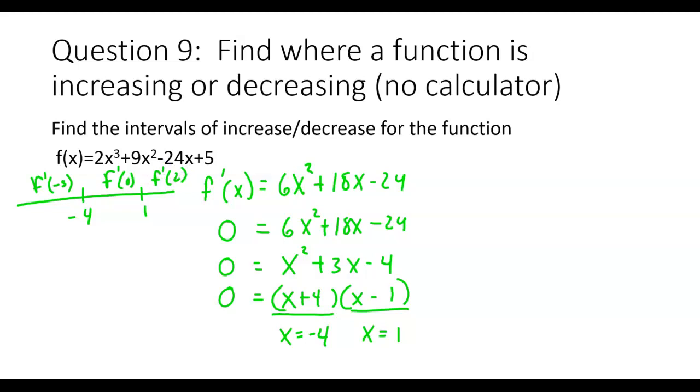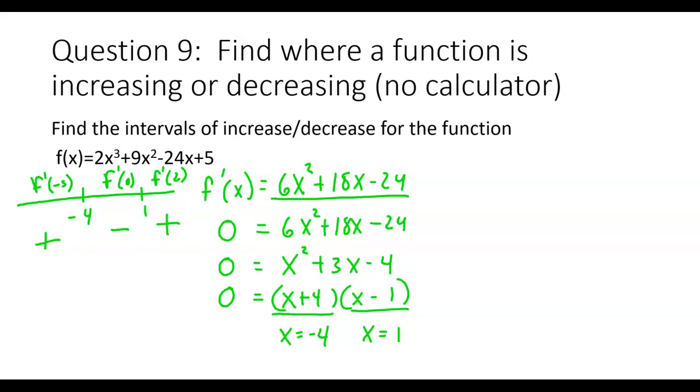So if I were to plug in 2 into my first derivative, I would end up with a positive outcome. Now I'm not going to calculate it. I just did it mentally by looking at the equation, but you'll come out with a positive. If you plug in 0, you get a negative. If you plug in -3, you're going to get a positive also.